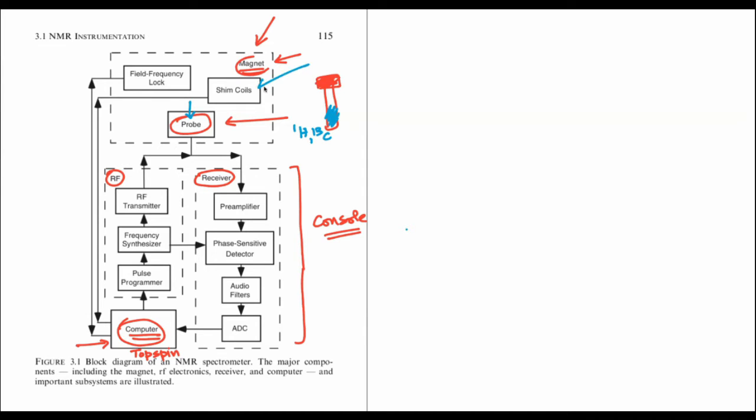Then come the Shim coils. One can imagine these are electromagnets around the sample, and these help homogenize the magnetic field. Of course, this is important here because we did not spend much time talking about the magnet. The B naught that you end up talking about is the most important component of this entire part, where the B naught helps you achieve a certain magnetic field strength.